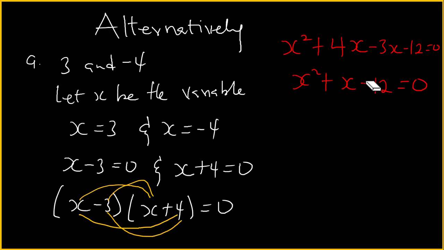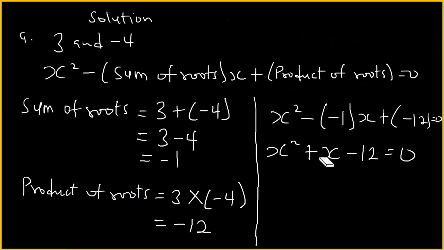Now let's compare our two equations. x squared plus x minus 12 equals 0 to this one, x squared plus x minus 12 equals 0.